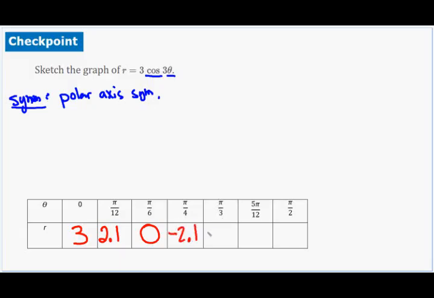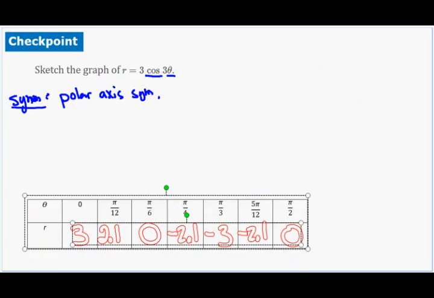Pi over 3 has a negative 3 output. The 5 pi over 12 is also a negative 2.1. And pi over 2, we're back to 0. So here are our values.